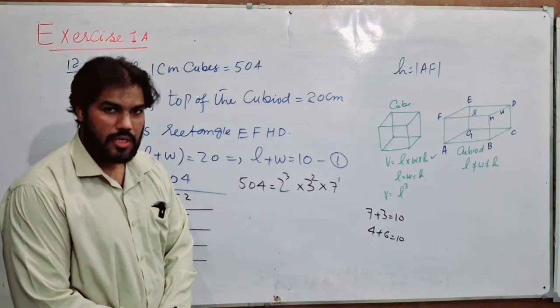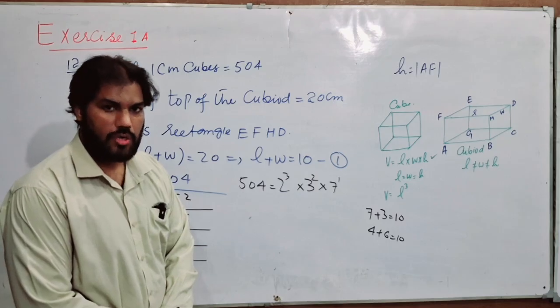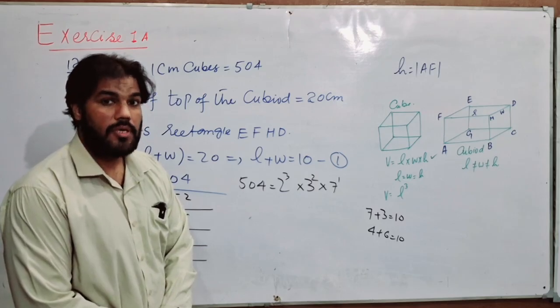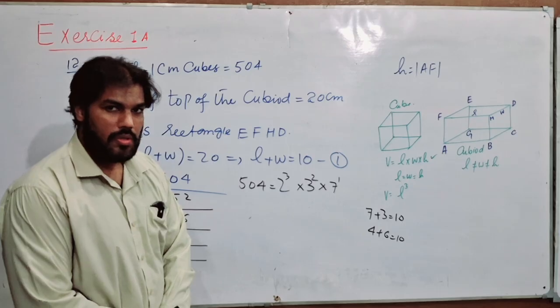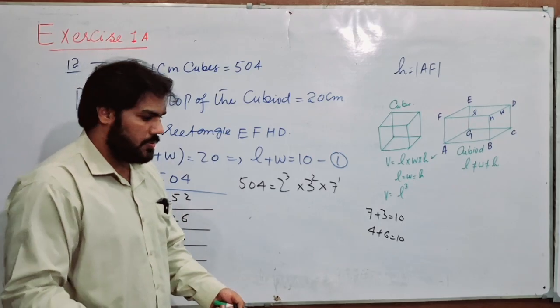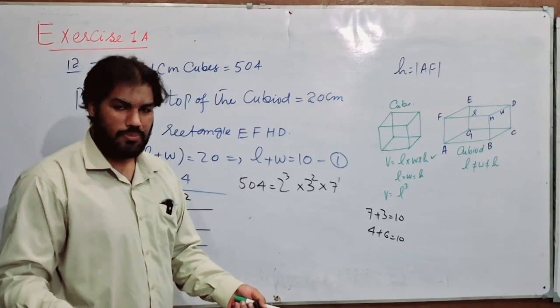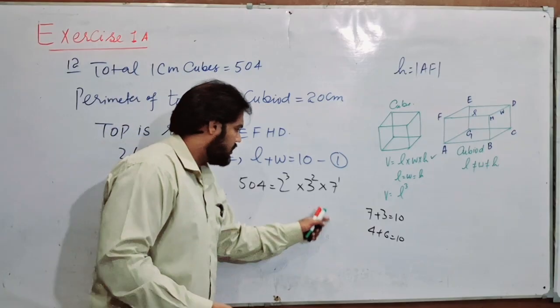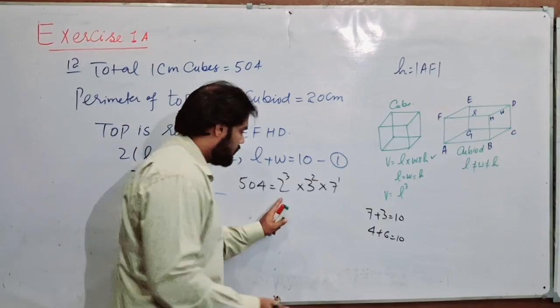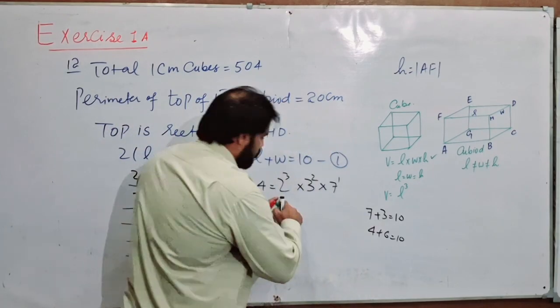There is no condition that your height, length and width will be prime numbers. These numbers may be composite numbers. So where are 4 and 6 in this question? This is 2 cube.